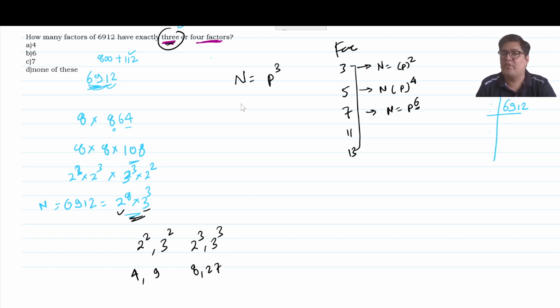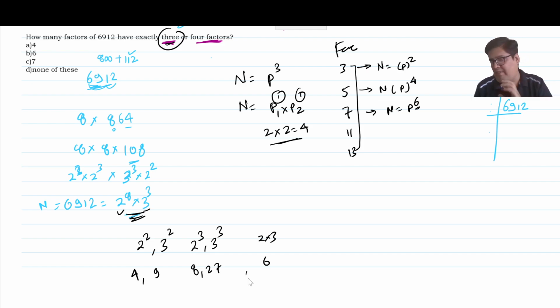Another possibility for generating 4 factors is when the number is a multiplication of 2 primes, because the power is 1. This will be increased by 1, this will be increased by 1 while counting factors. So how many factors will I end up with? 4 factors. So prime 1 into prime 2. Do you see this is divisible by 2 into 3, which happens to be 6.